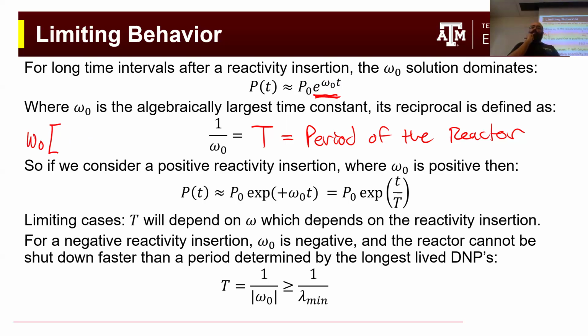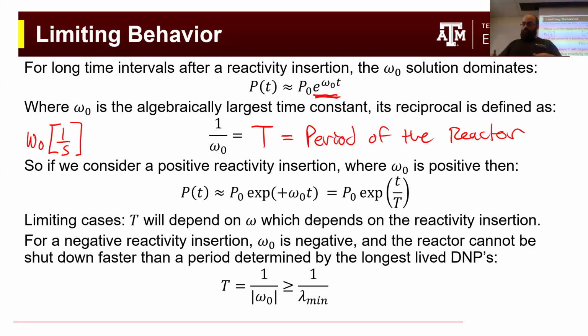No, there are no units from an exponential. So if t has units of seconds, what units does omega naught have to have? Inverse seconds, right? So omega naught would have units of inverse seconds. In the old days, they used hours, so all your time constants were in units of inverse hours. And that's why they call it the in-hour equation, because it's the equation that solves for those time constants.